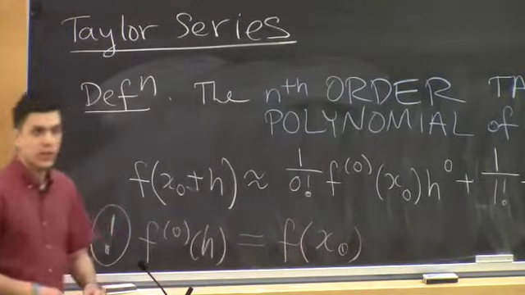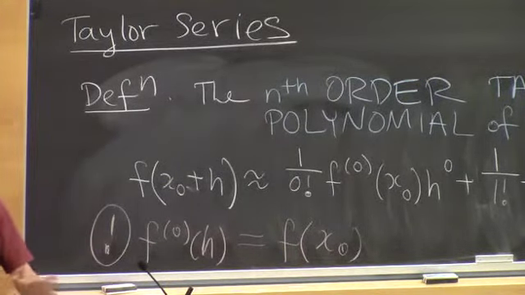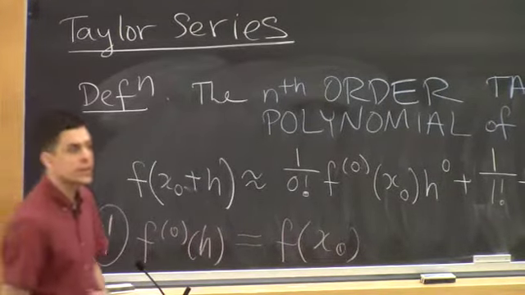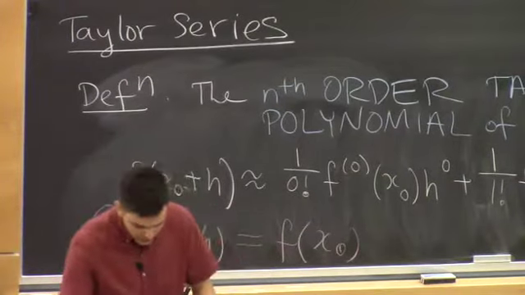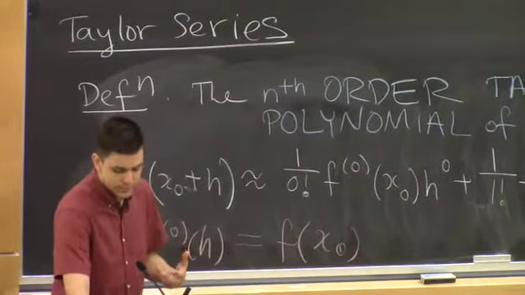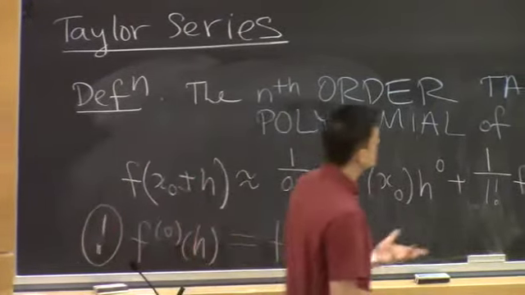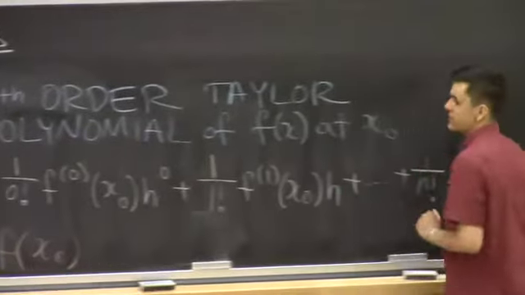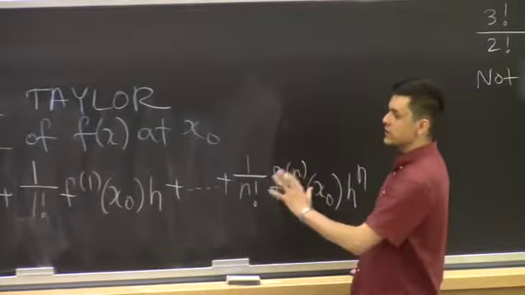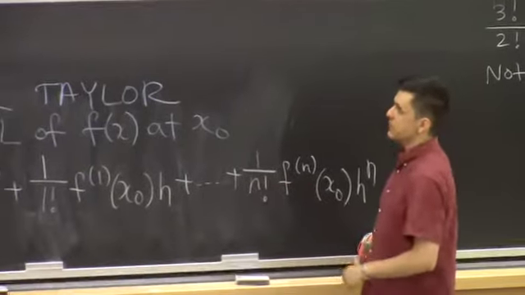Very good. Are there questions there? One thing I want to do is a little bit of a calculation of one of these nth order approximations, just in the case of an exponential function.